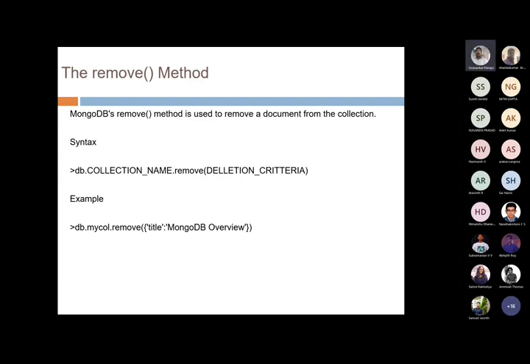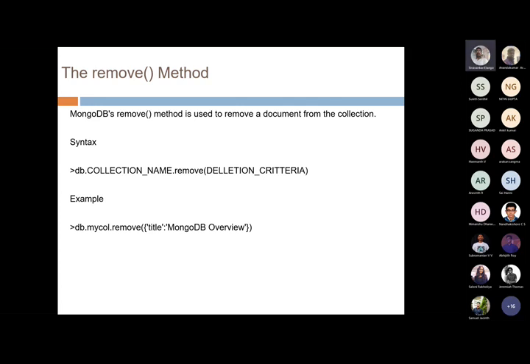And finally, to remove a record or a key value pair from a collection, we go for the remove method. So db.collection name.remove, deletion criteria. It will remove a particular key value pair based on the deletion criteria.